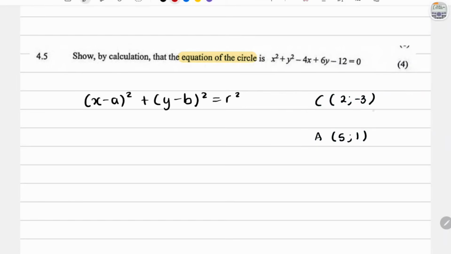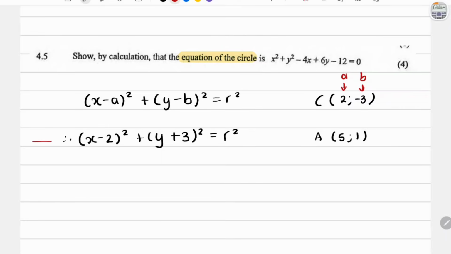Our center, that's what we start with. We substitute. That is your a, and that is your b value. So when we substitute, we'll just have x minus 2 all squared plus y minus -3, which of course becomes plus 3 all squared, is equal to r squared.